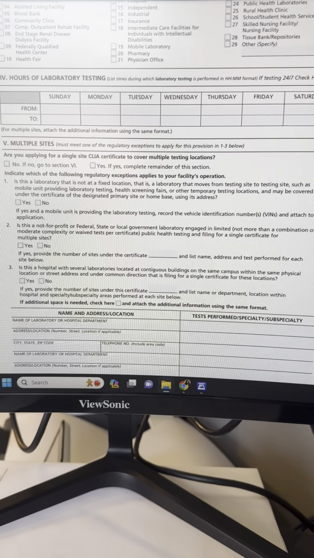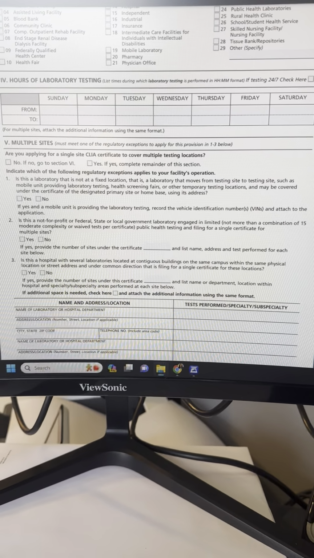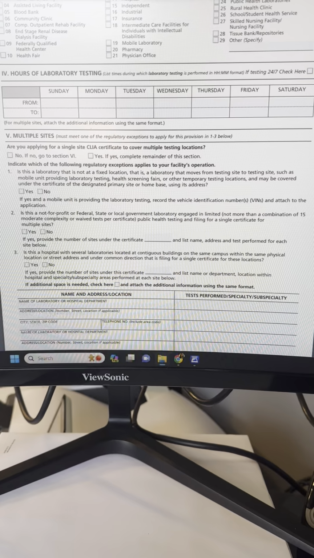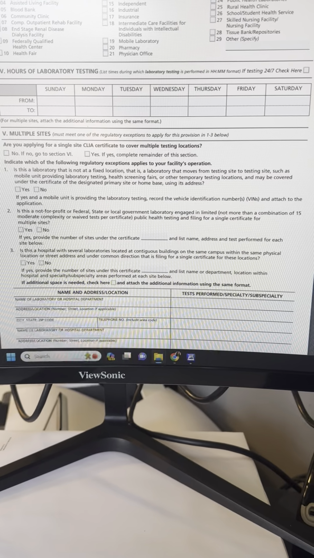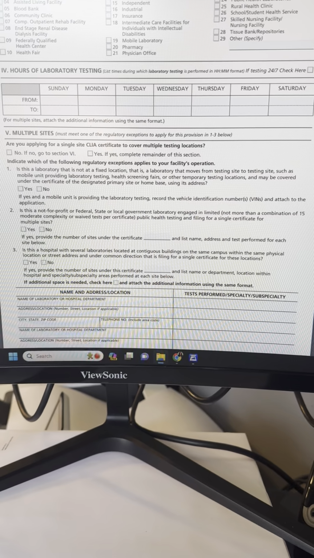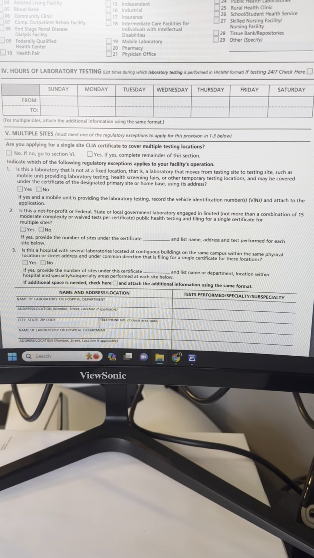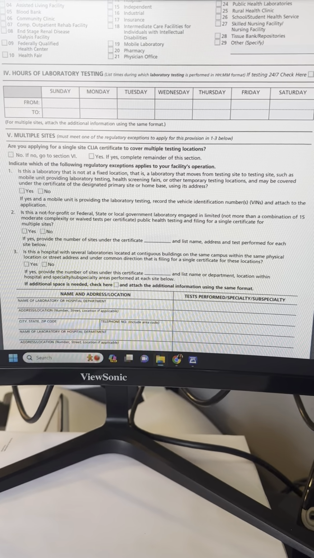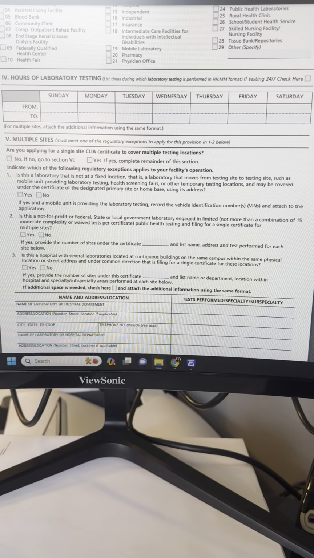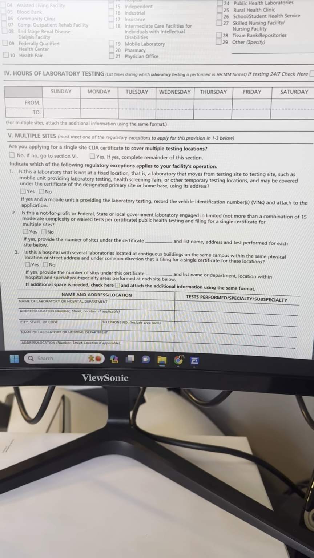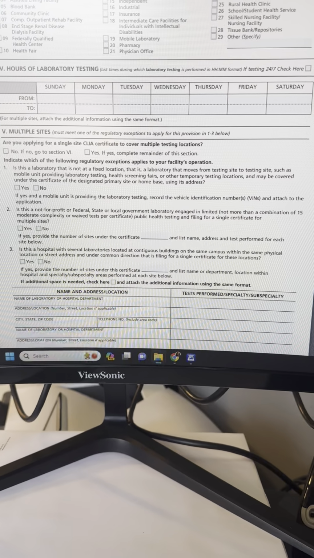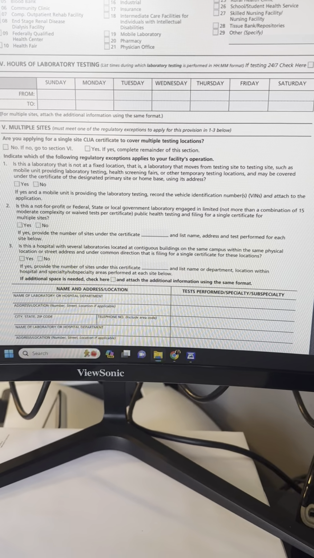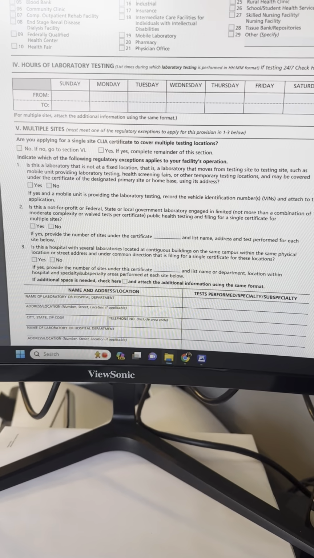If the answer is yes, you are going to cover multiple testing locations. You have to pick 1, 2, or 3. So put a check mark in yes and thoroughly read what 1, 2, or 3 says, because one of them is going to be applicable to your facility.